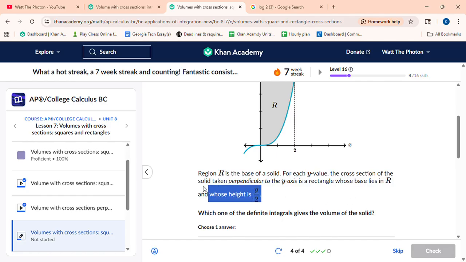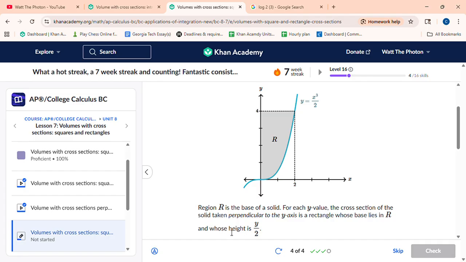Region R is the base of a solid, for each y value perpendicular to the y-axis. So that's x equals 0, so x has to be equal to f of y. Okay, so we have 4, it's f of y, 4 minus, you can get this in f of x.